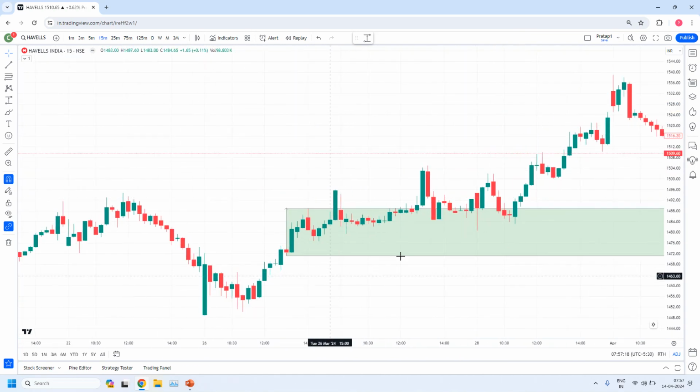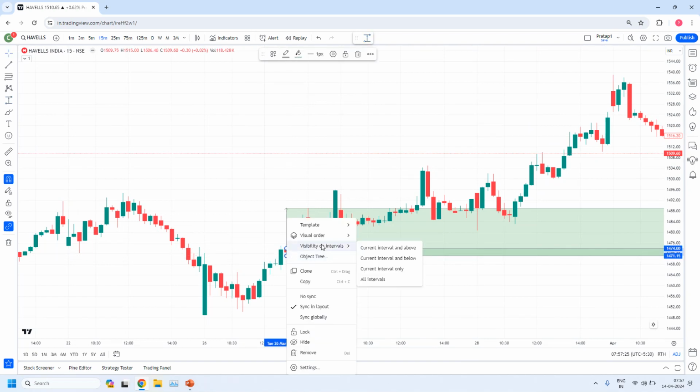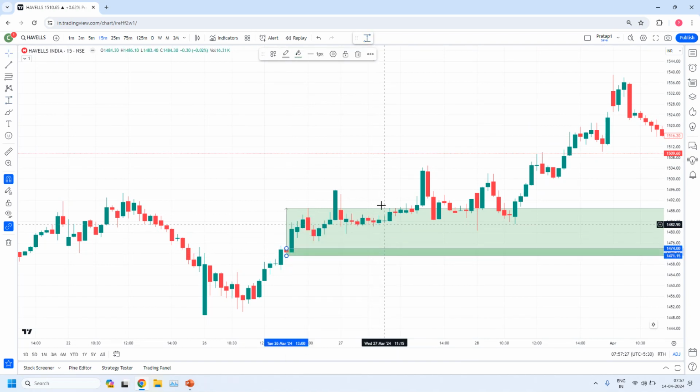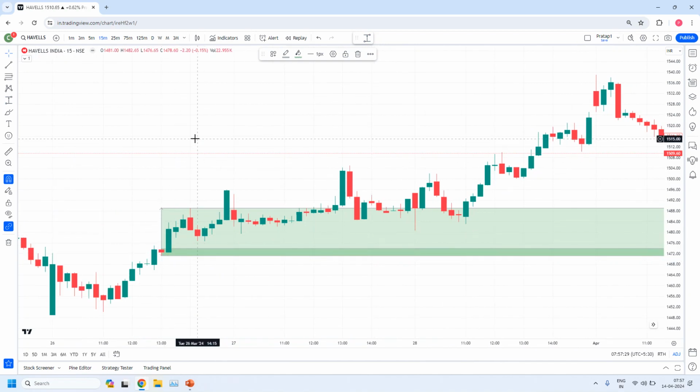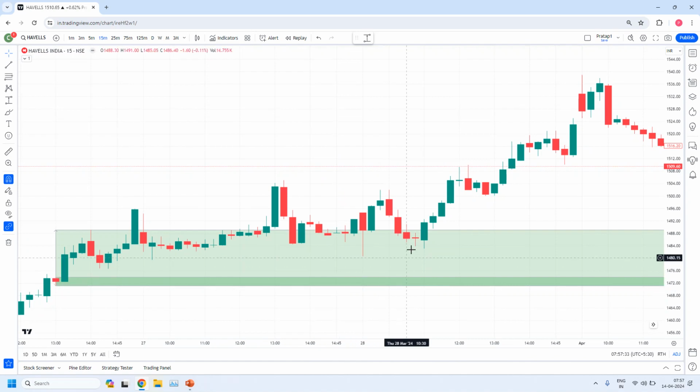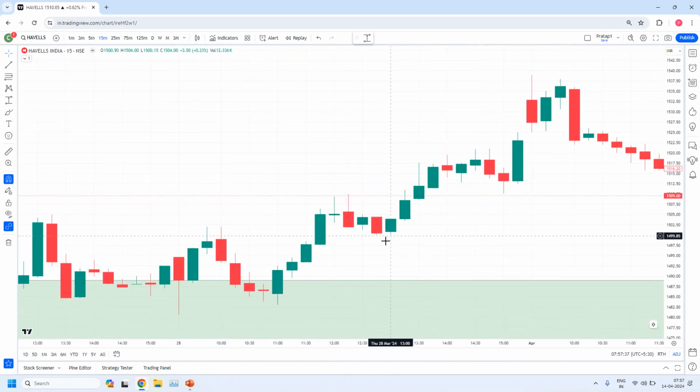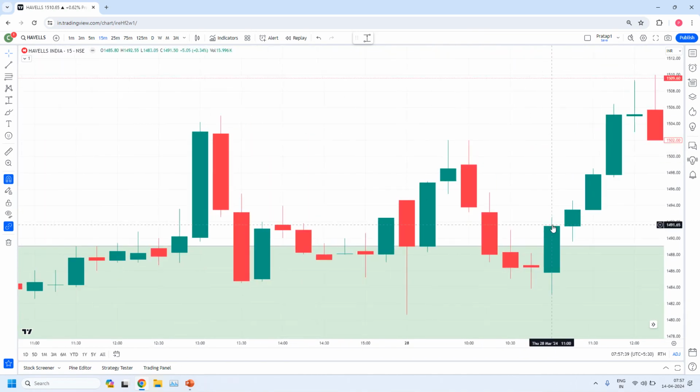Here we have a 15-minute zone. Let me increase the color thickness. This is the 15-minute zone, rally, base, rally. And here one more 15-minute zone: a drop candle, 2 base candles and a rally candle.